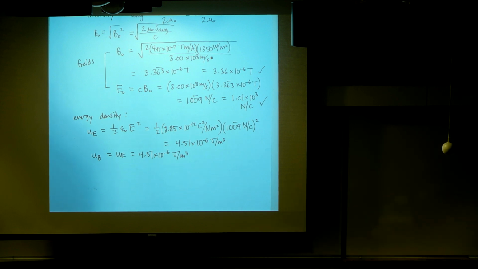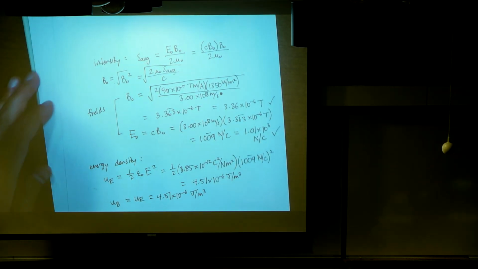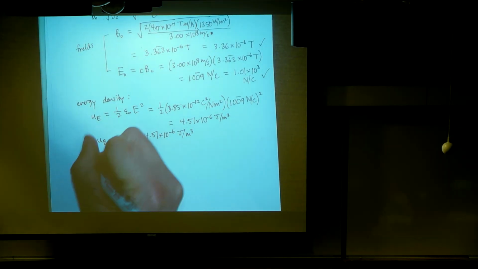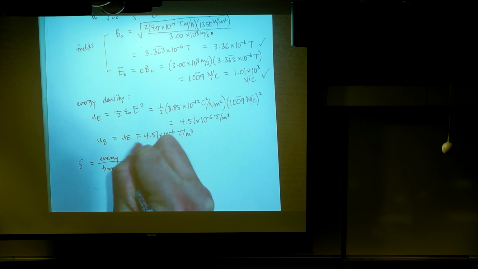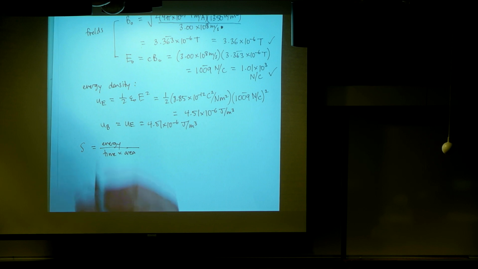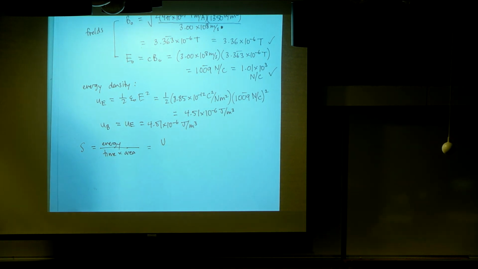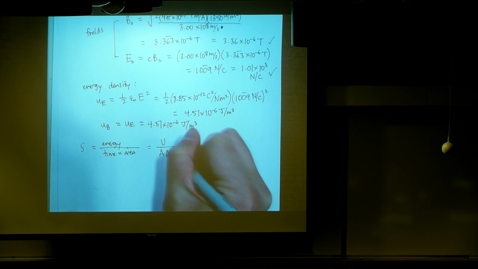So for that, we're going to go back to the most basic definition of the Poynting vector S. Okay? So if we recall, the Poynting vector is just the energy per unit time per unit area passing through a certain surface. Okay? So in this case, I'm going to just write U for the energy, A for the area, and delta T for the time.